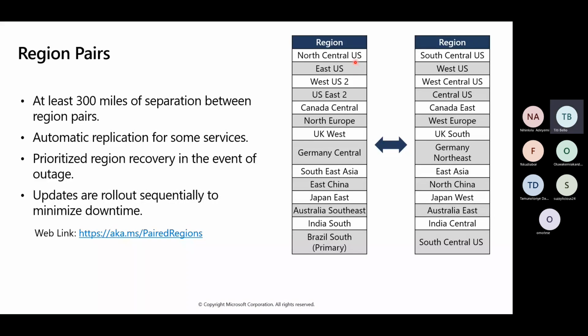What they do is start with one region, with all resources in that region failing over to another region, and then complete the update on that particular region. They start data center by data center within the region. So you can imagine how organized it is in terms of rolling out updates. They can't roll out updates to all regions at the same time.